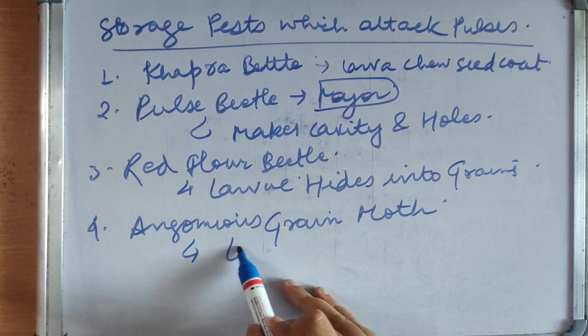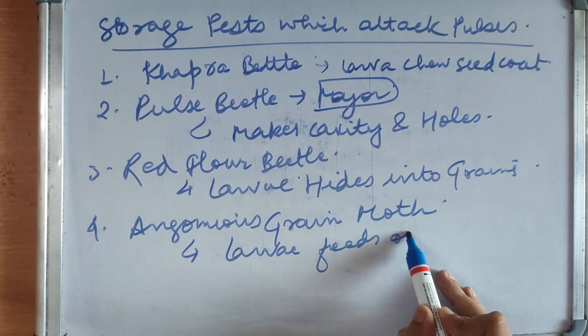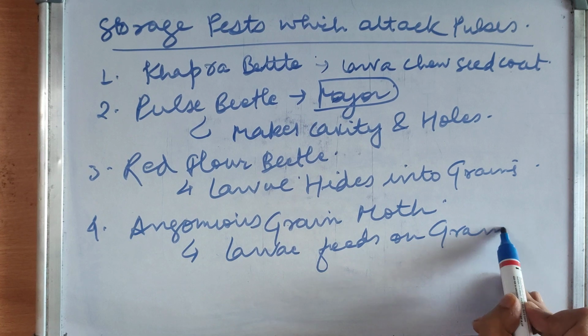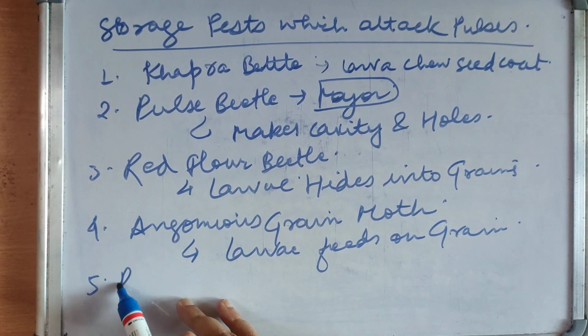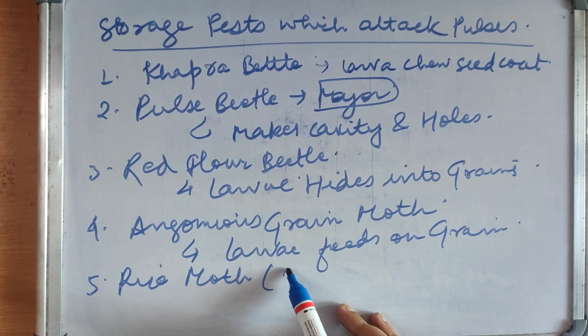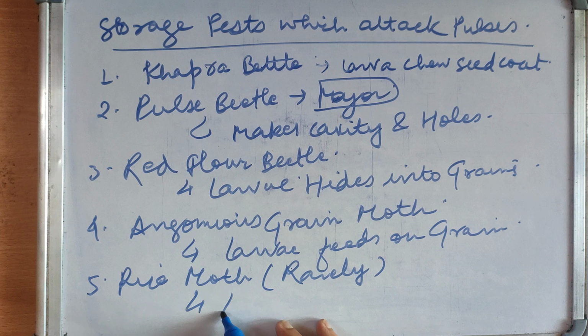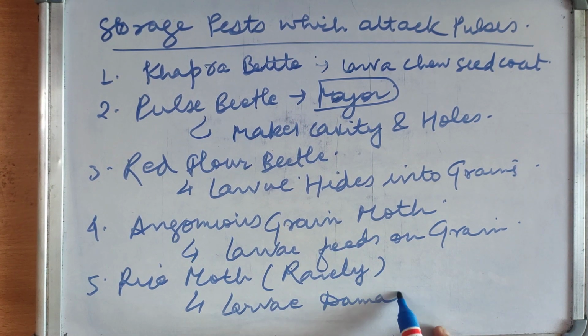Its larva feeds on grain. One is rice moth, and rice moth rarely attacks pulses, but there is a lot of evidence that we have seen of its attack on pulses. Its larva damages grain.